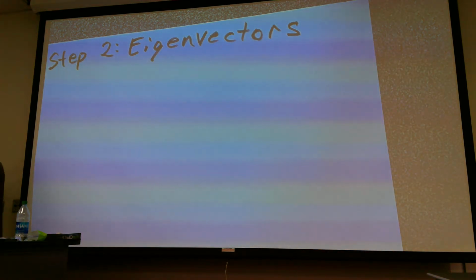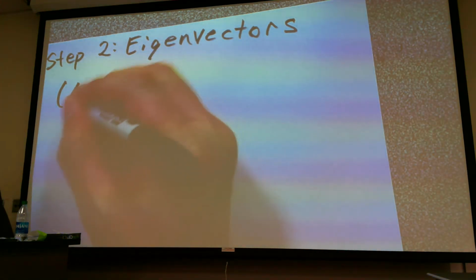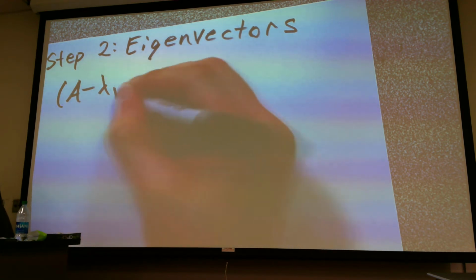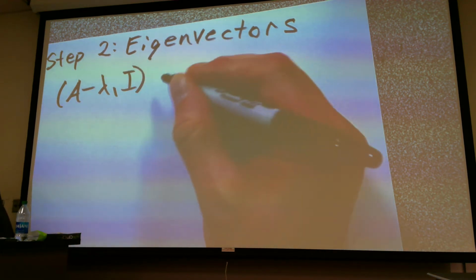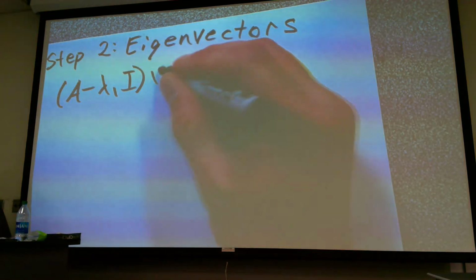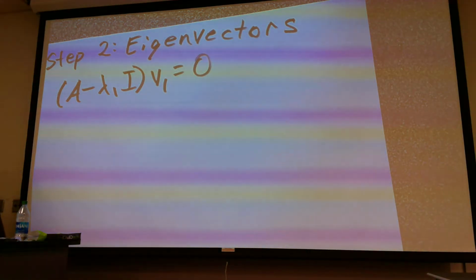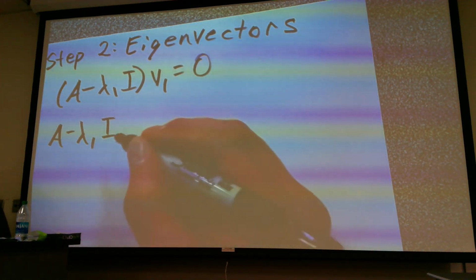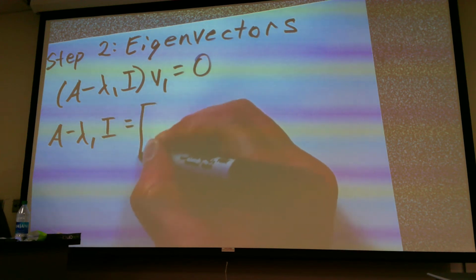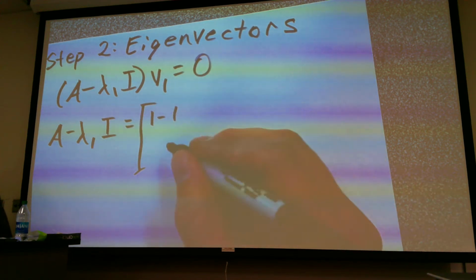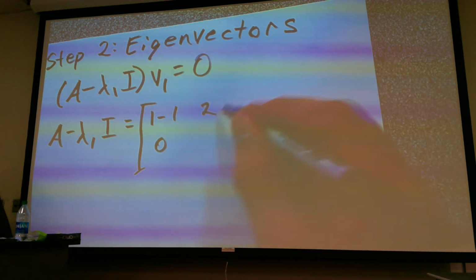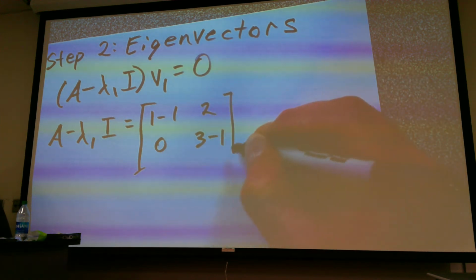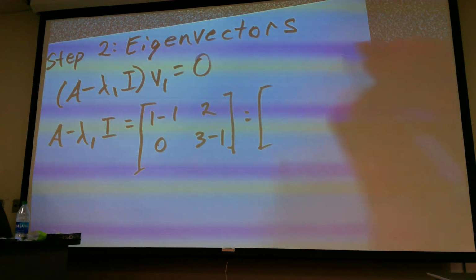The first one would be A minus lambda 1 I times V1 equals 0. That would be 1 minus 1, this would stay as 0, that would stay as a 2, and this would be 3 minus 1, which comes out to 2. So 1 minus 1 is 0, that stays as a 2, that's a 0, that's a 2.